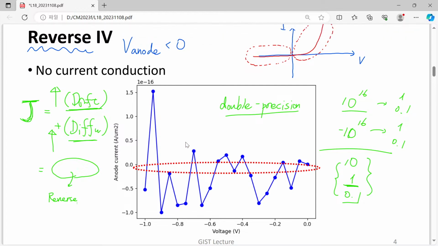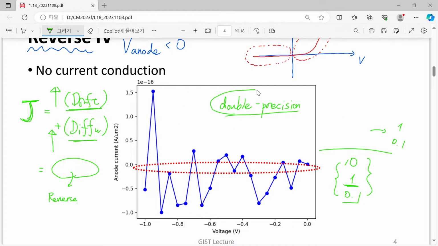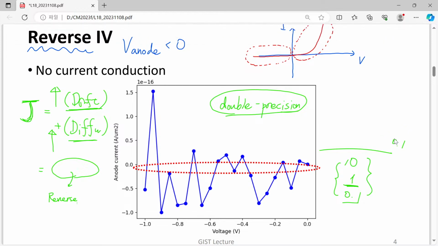When you use the commercial TCAD tools provided by vendors, they provide some capability to select the accuracy of your number description. Of course, when you increase the number accuracy, you get a much better result, especially when current is quite low.